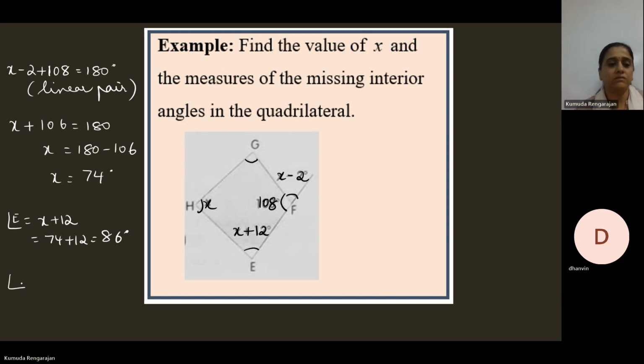So angle E plus angle F plus angle G plus angle H is equal to 360.